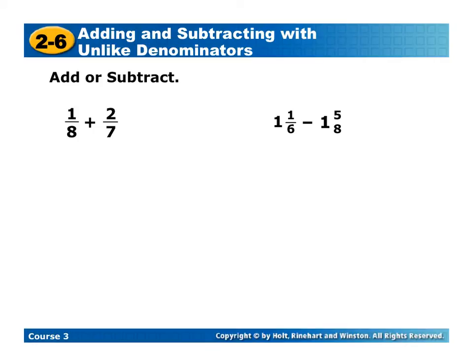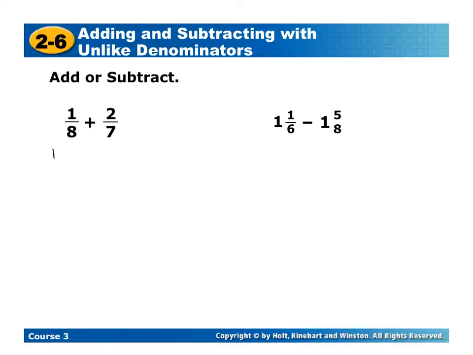In the first problem, we have 1/8 plus 2/7. I want to look at my denominators, which is the bottom number, 8 and 7, and ask myself, what can both of these multiply into? We want to look for the least common denominator. Sometimes it might be multiplying one or both numbers by another number, or sometimes it's just multiplying by the other number.